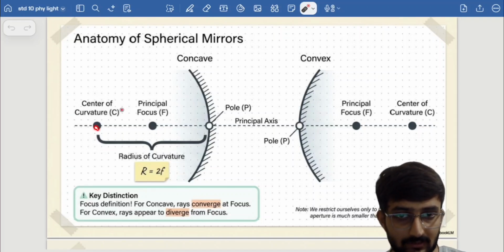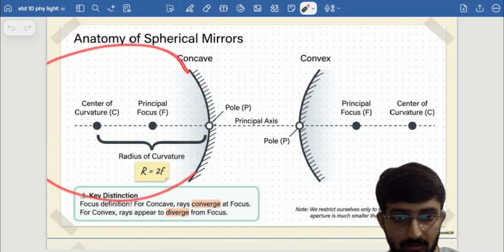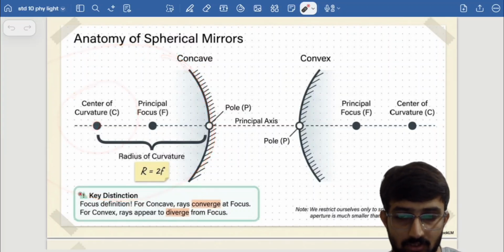The center of that whole sphere is known as the center of curvature.